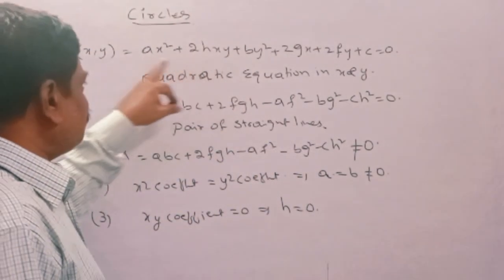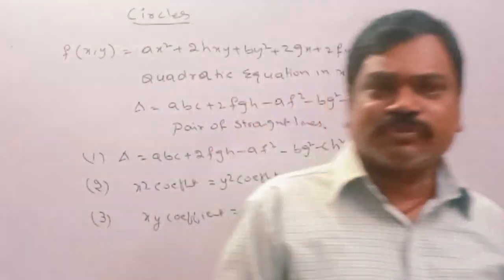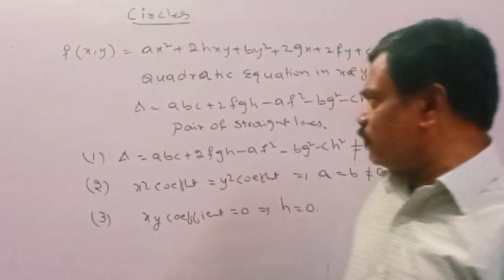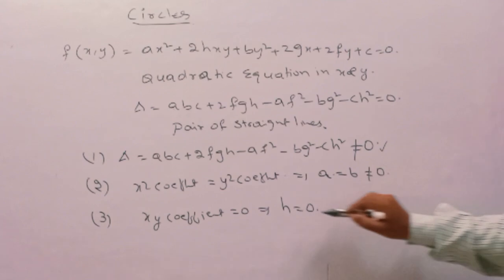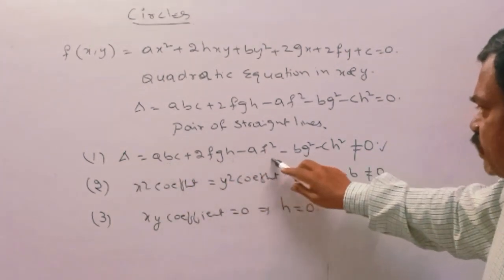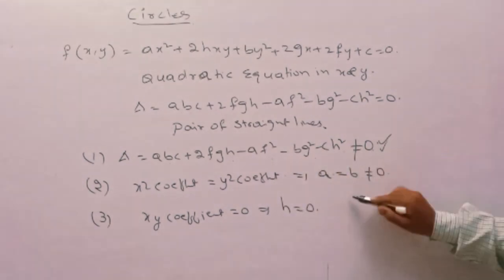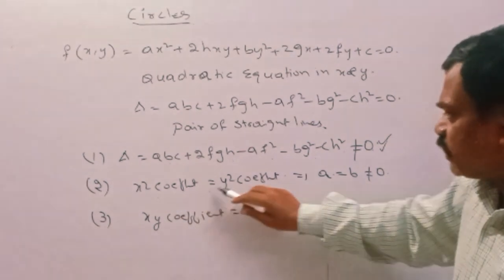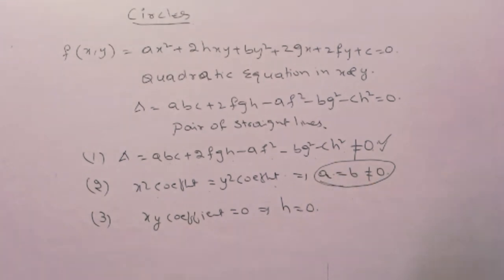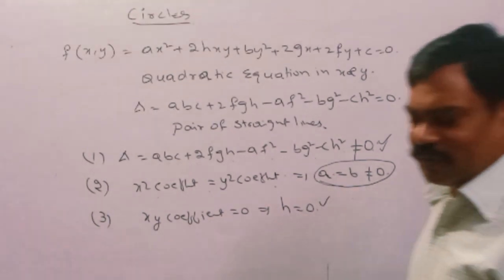When this equation, that is the quadratic equation in x and y, ax square plus 2hxy plus by square plus 2gx plus 2fy plus c equal to 0, follows these conditions: first, delta is equal to abc plus 2fgh minus af square minus bg square minus ch square not equal to 0, and the x square coefficient is equal to the y square coefficient, where a is equal to b not equal to 0, and the xy coefficient is equal to 0, that is h equal to 0.